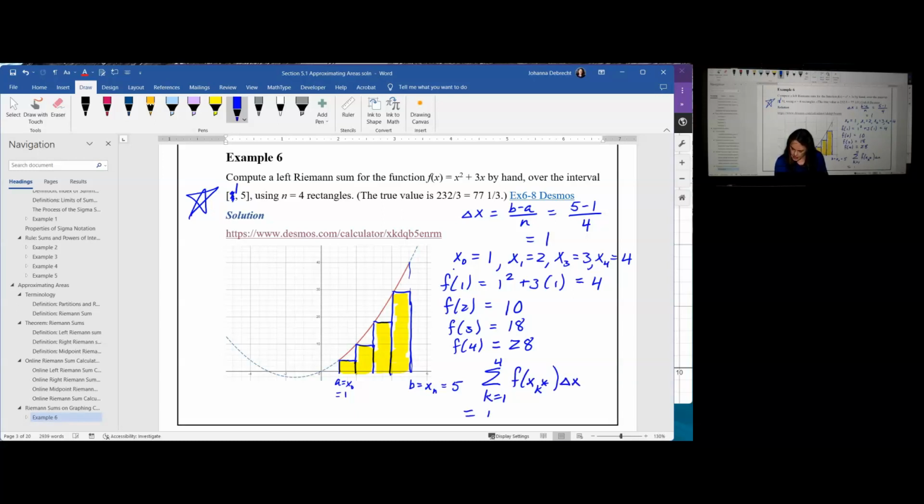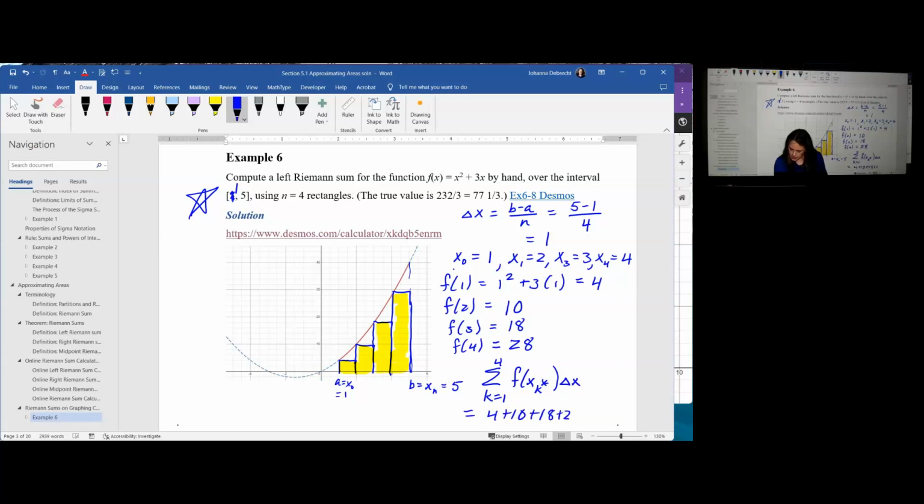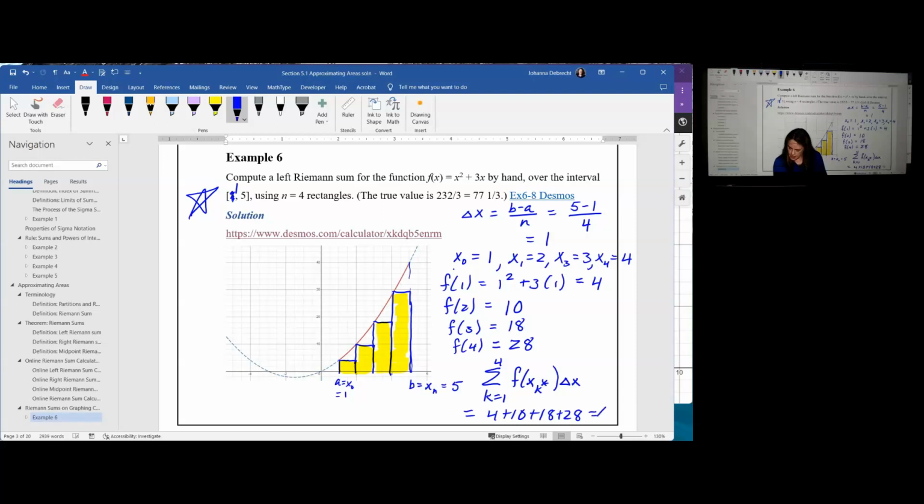This gives me the sum of 4 plus 10 plus 18 plus 28, which turns out to be 60. It's not such a great approximation, again, because I've left out a lot of area. Notice it is underestimating because it's an increasing function.